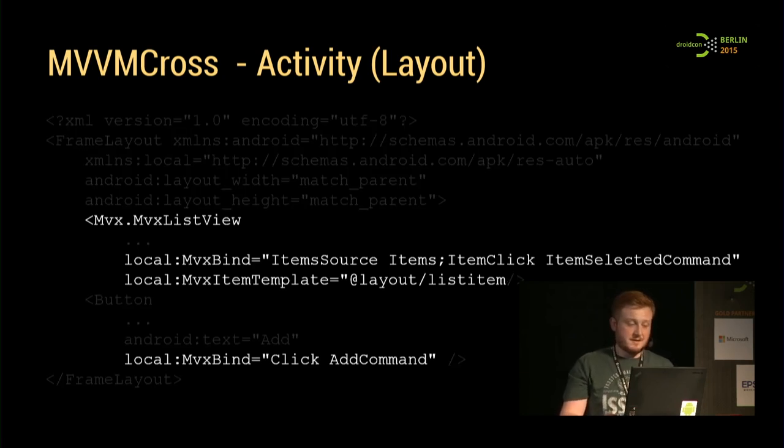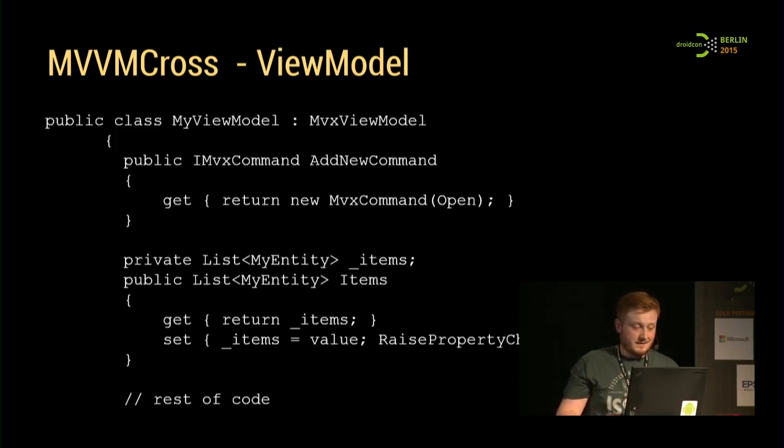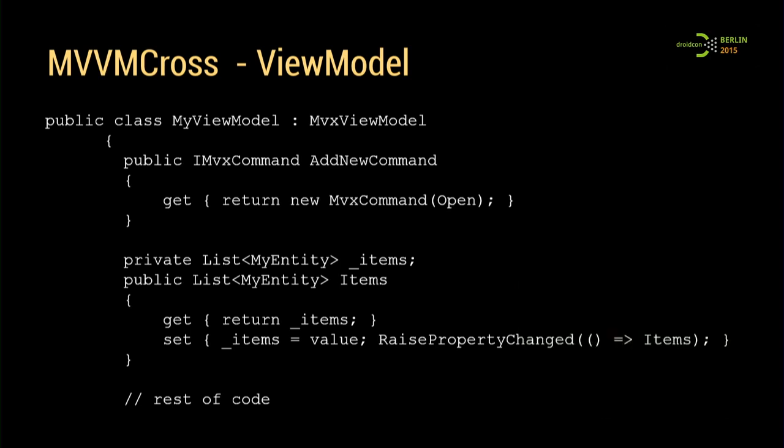We are using a list control, which comes with MVVM Cross. We have some custom attributes when we are specifying our binding. And as you can see, it's not hard, and maybe we'll go to our view model. And we are extending MVX view model, which is again a class from MVVM Cross.